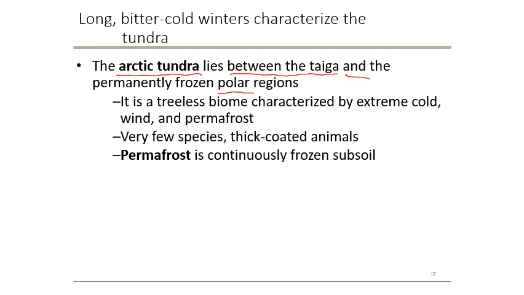A lot of foxes live here, wolves live here, and rabbits. But these animals have to have very thick coats. And here in the Arctic tundra, the subsoil underneath is always frozen. So it's called permafrost. If you know this word, know that permafrost is a continuously frozen subsoil.